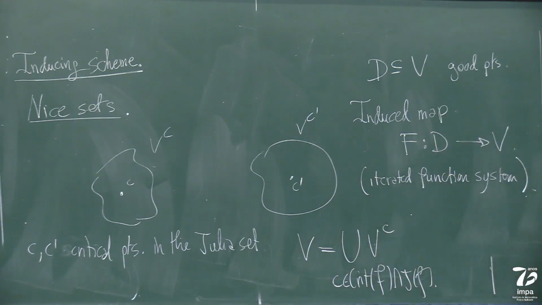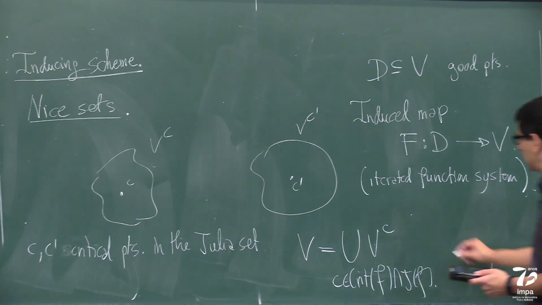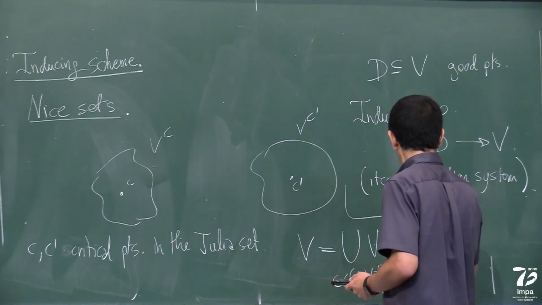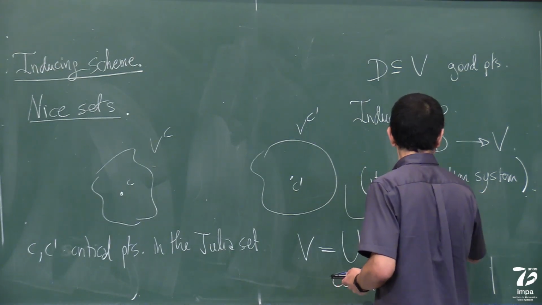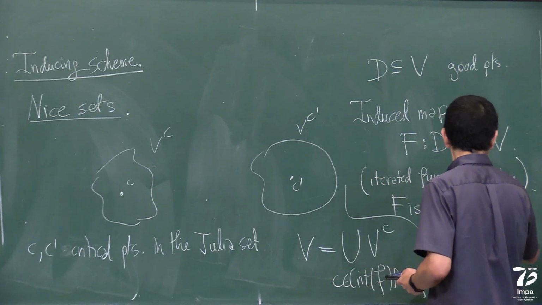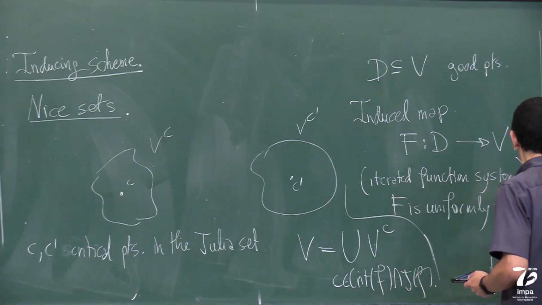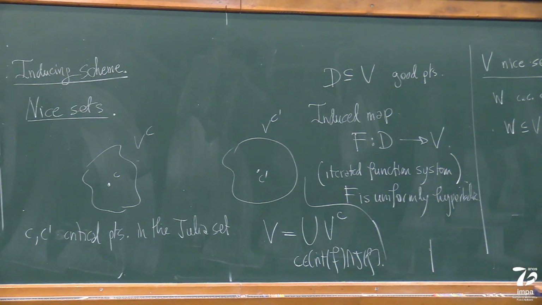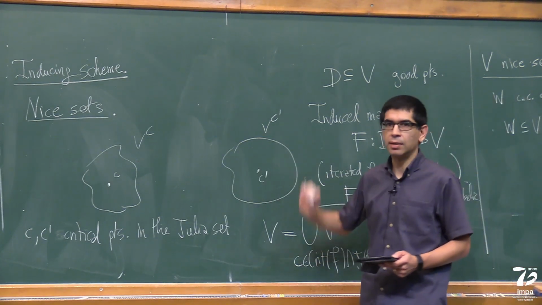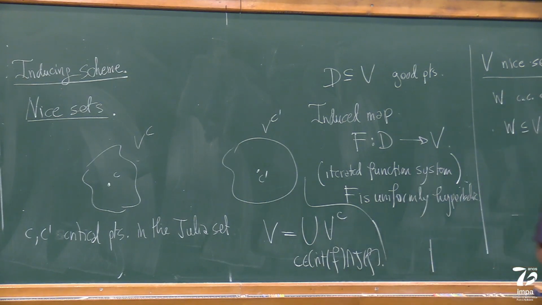And of course, there is a price you pay for reducing to this hyperbolic map. So this map is uniformly hyperbolic. And so roughly speaking, first, there will be some periodic points that will never get close to critical points, and there's no way you're going to count them.